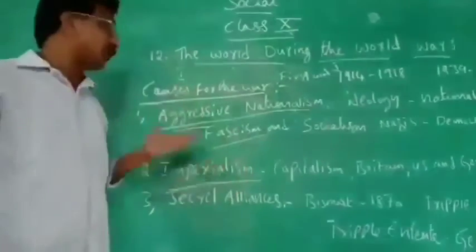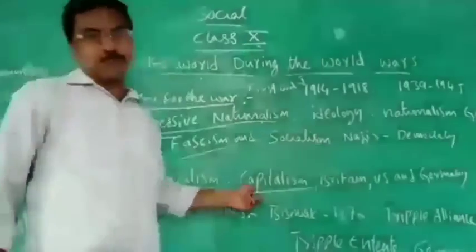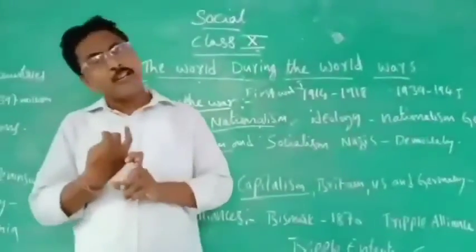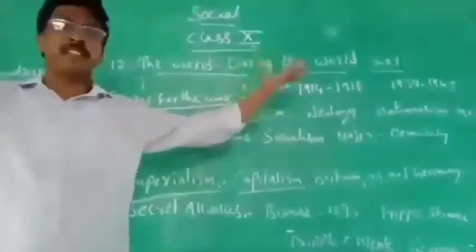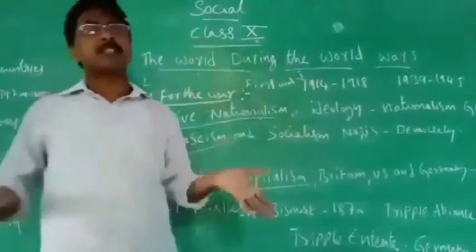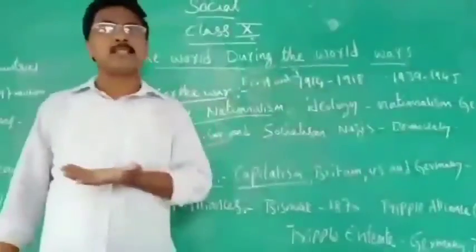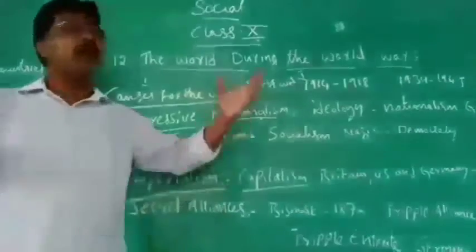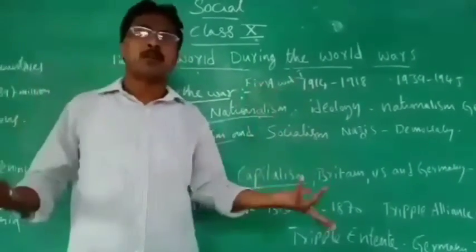Also the world war happened. Why? Because of capitalism. Capitalism means everywhere industries were established. First in England, then France, USA, Germany, everywhere industries were constructed. But they did not have raw material. They established cotton textile, sugarcane, tobacco, tea industries, all the manufacturing industries, but they did not have raw material.